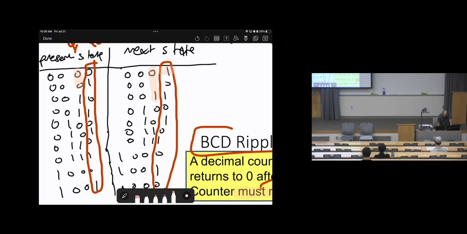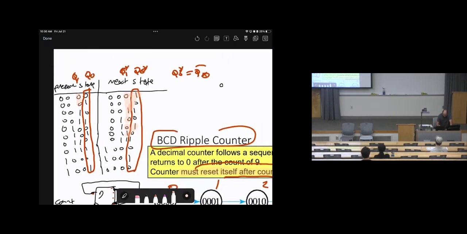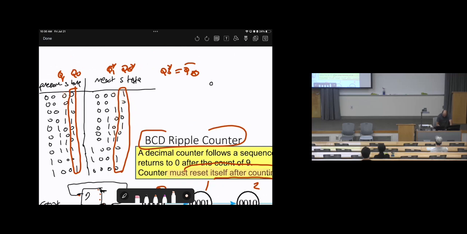So if Q1 is 1, it will make the next one 1. Here is 0, 0. Since this is 1, it will make the next state 1. Okay? So we can look at it by mentioning that Q1 star equals, we'll say 1, 0, 0, 0.